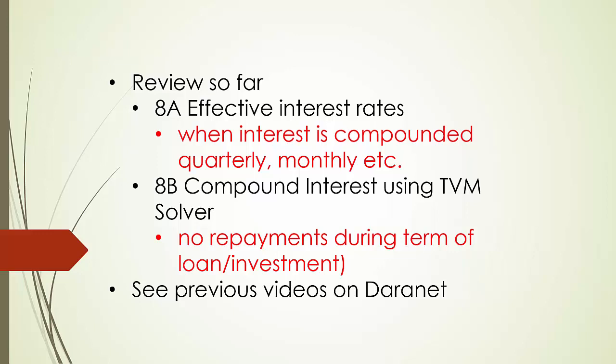If you can't remember how to use that, then refer to the video I made for 8B. And just remember that it's just a straightforward compound interest calculation, so the loan or the investment is not being repaid or paid out during the term of the loan, it's just right at the end.